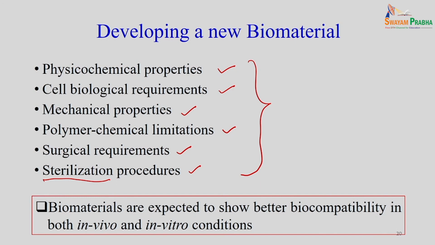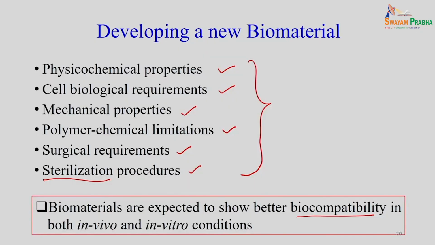And finally, a biomaterial is expected to show better biocompatibility in both in vivo as well as in vitro conditions. So, we start with the in vitro experiment, then we go for the in vivo experiments. So, I will conclude here.